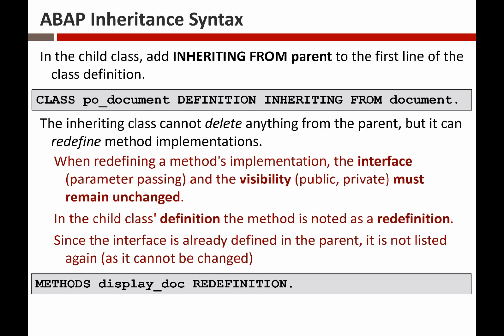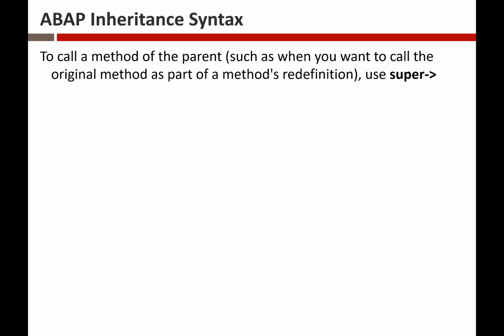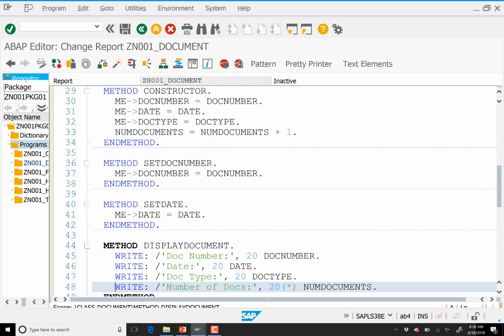So let's go back to our PowerPoint slides here. If I want to call a method of the parent, such as when you want to use the original method as part of the method's redefinition, we use the keyword super. So I could do this.